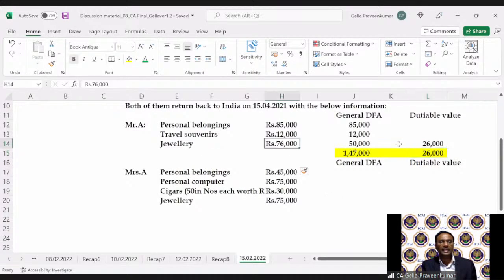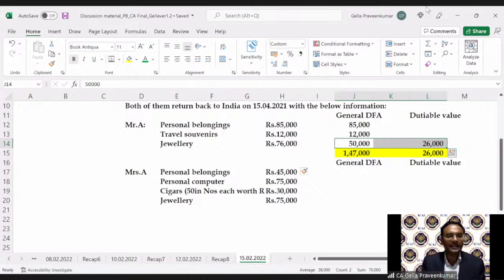That's the reason I have taken 50,000 and the balance 26,000 we offer for duty. Interpretation is very valid, Sumit. I don't deny your point. Here, we have to combine these two things together, where 50,000 is the maximum cap, be it jewelry or under rule 3. So I cannot apply rule 3 and then rule 5.